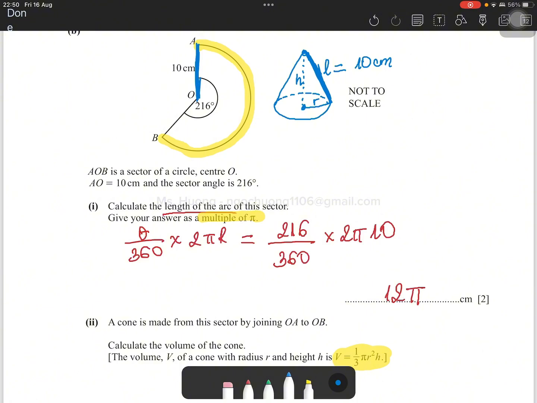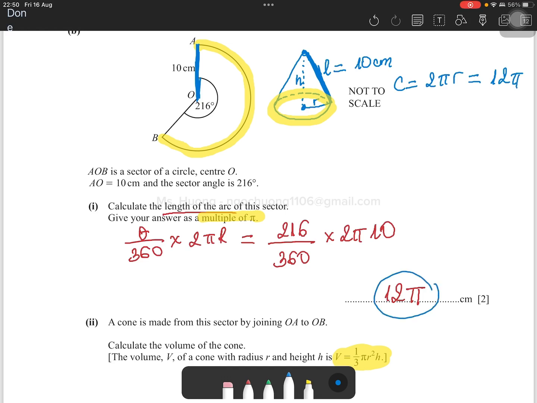And we also know that the length of the arc in the sector is actually the circumference of the base of the cone. They are the same. So the circumference 2 pi r is the same as the arc of the sector, so it is 12 pi.